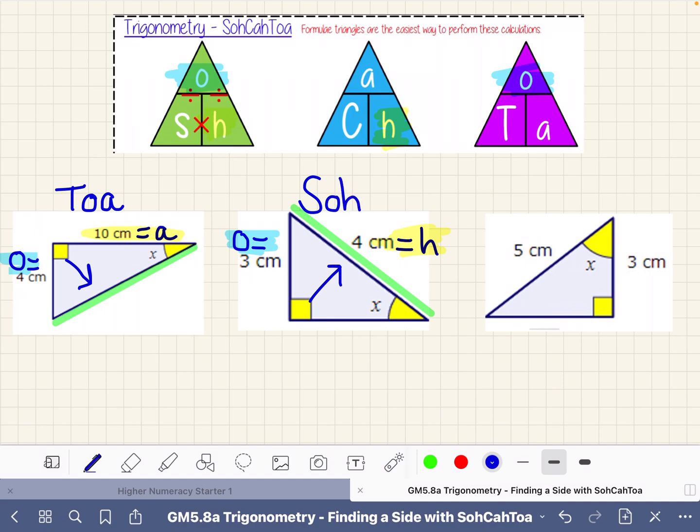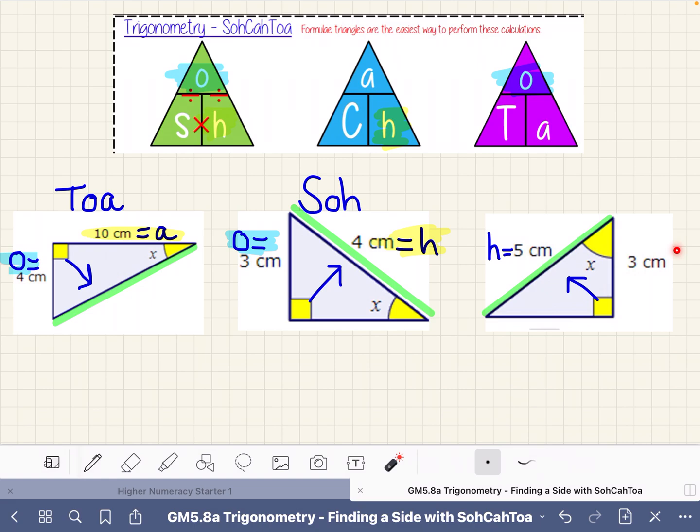The last example, we look at this right angle triangle here, which is 5 centimetres and 3 centimetres. Across from this right angle is our hypotenuse. We have been given a length as a number or a letter, which means we label it up as H is equal to 5.